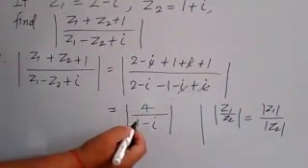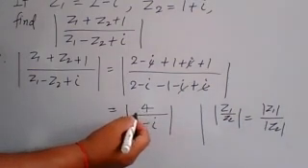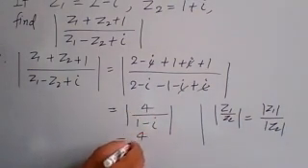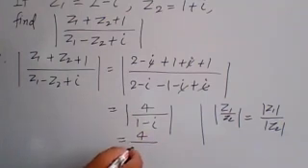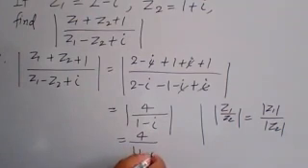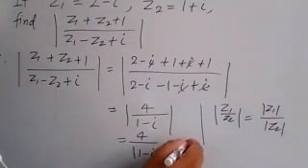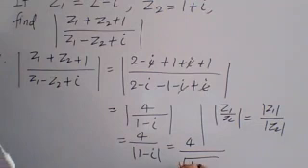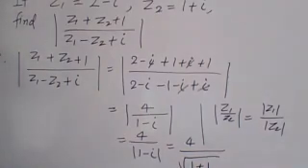So here in the numerator you only have the real number 4, so its mod is again 4. But in the denominator you have mod of 1 minus i, which can be written as under root of the square of the real part, so square of 1 is 1, plus square of minus 1 is also 1. So you have 4 upon under root 2.